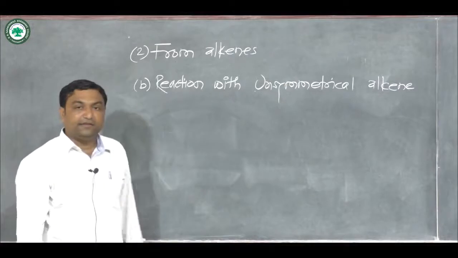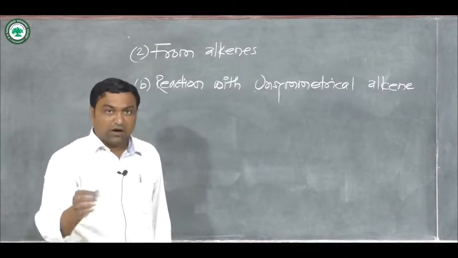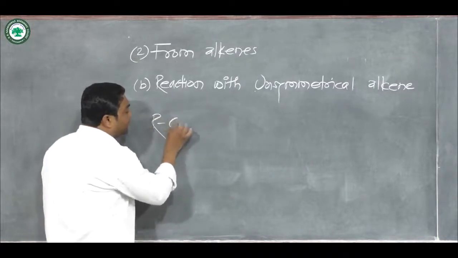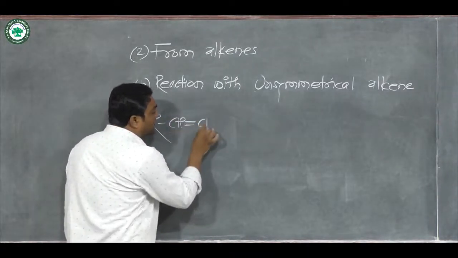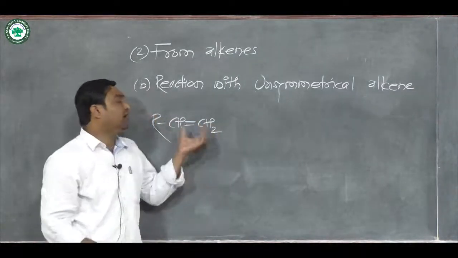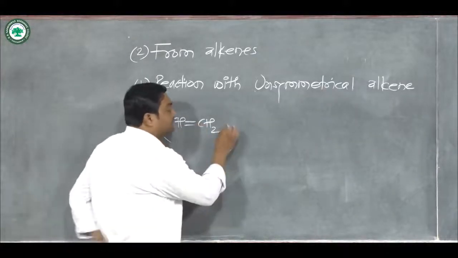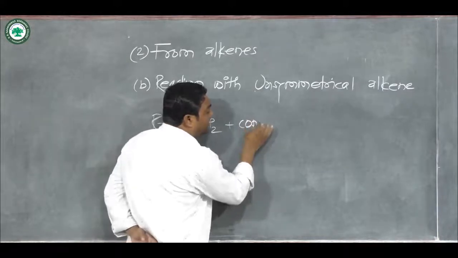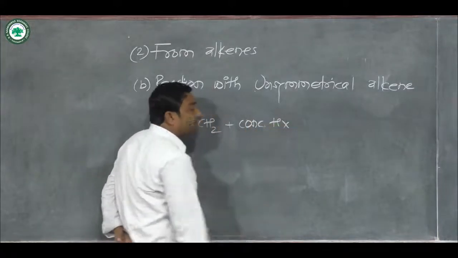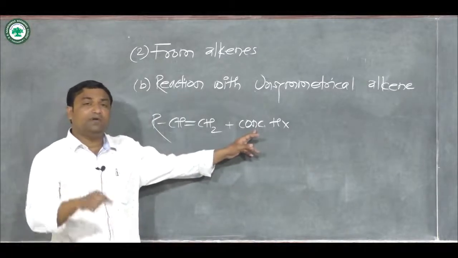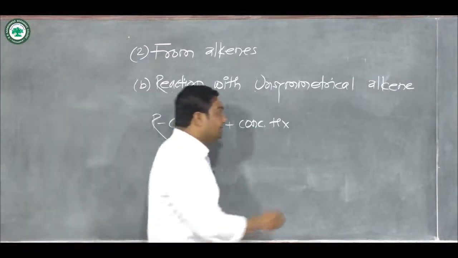In this case, if I use this unsymmetrical alkene and treat it with concentrated HX, there will be the formation of two products.